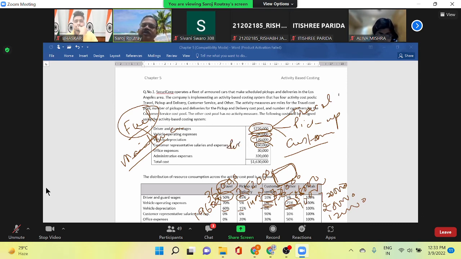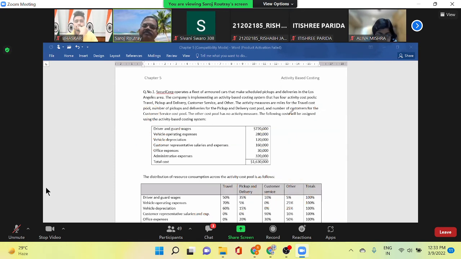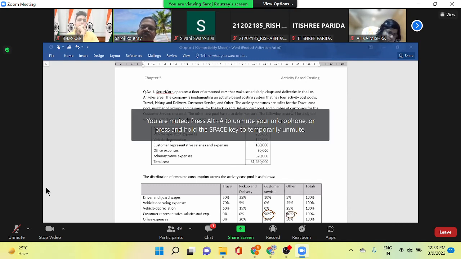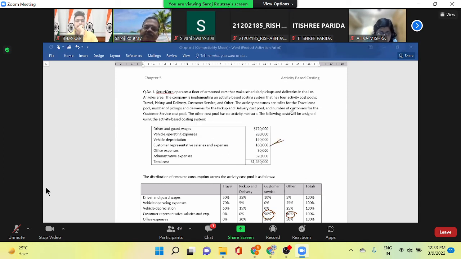One small example, your receptionist. 90% of her time is spent on customer service, that is interacting with the customer, taking the feedback and all those things. And 10% for rest of the documentation work. Okay, so this 1,60,000 will be divided between these two, 1,44,000 and 16,000.